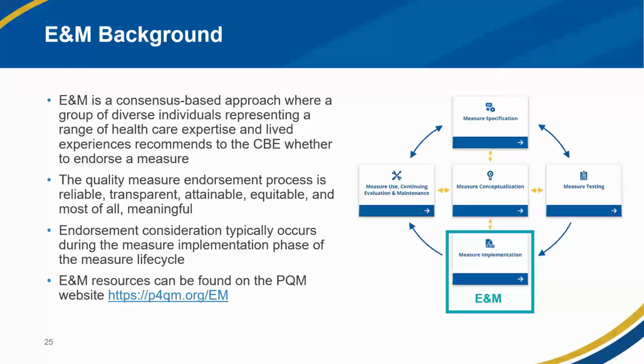The endorsement and maintenance process typically occurs during the measure implementation phase of the life cycle and gathers measure feedback from a group of diverse individuals representing a range of healthcare expertise and lived outcomes. E&M uses a consensus-based approach designed to be reliable, transparent, equitable, attainable, and meaningful. A variety of endorsement and maintenance resources, including the E&M guidebook and the measure evaluation criteria, can be found on this link on the slide for the PQM website.